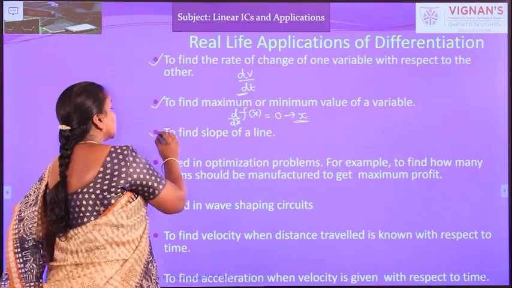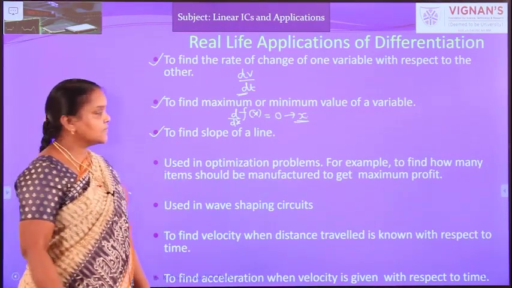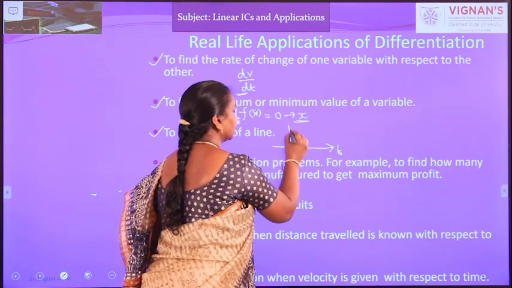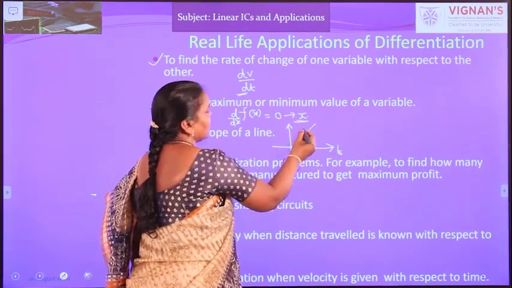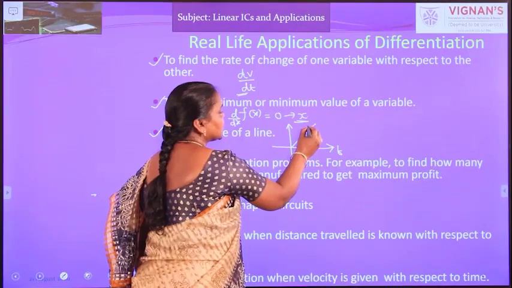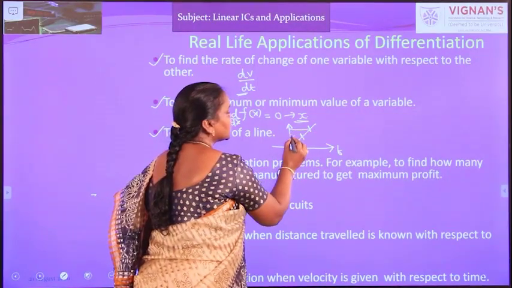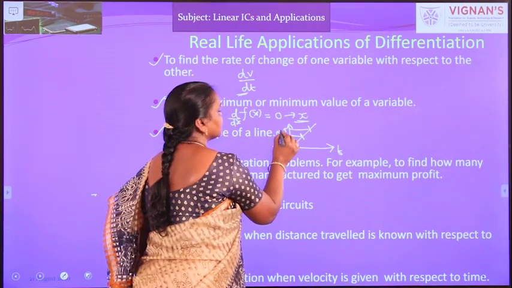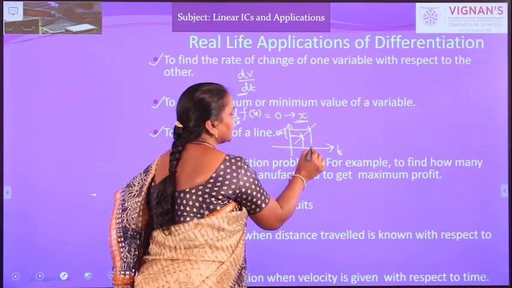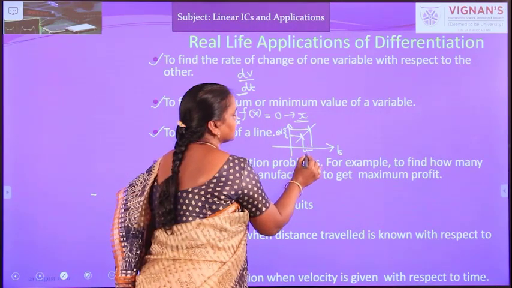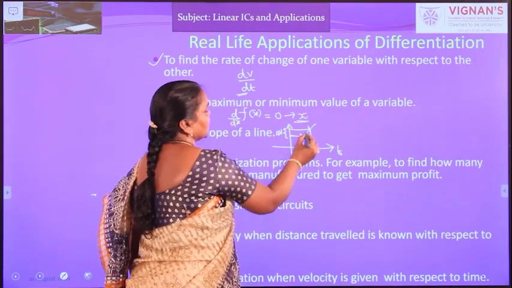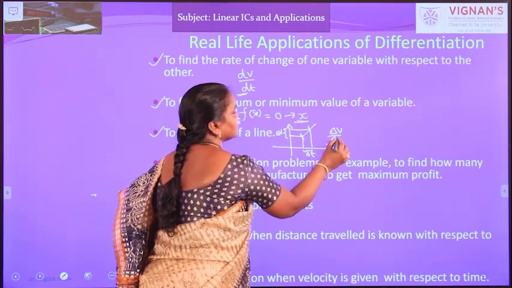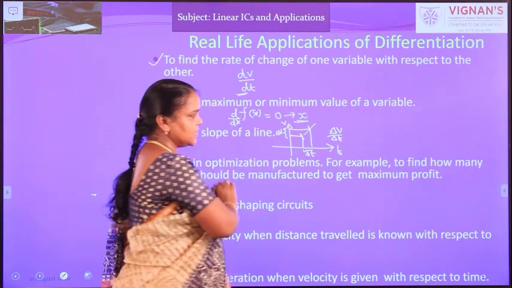And the next one is to find the slope of a line. Suppose we take the straight line, okay, what is the slope of this line? It is the change in V with respect to change in time, so delta V by delta T. Here the y-axis is voltage.